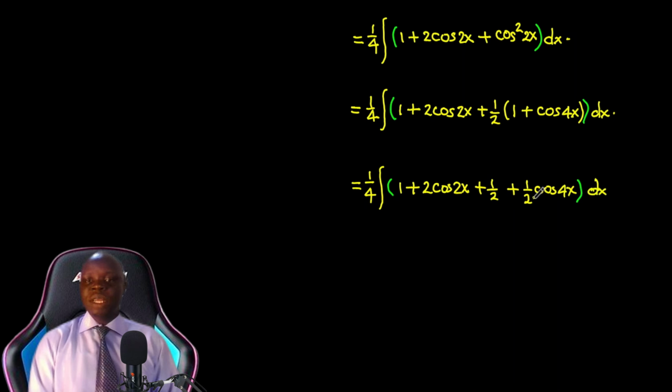If you need one more step of simplifying these numbers, you can go ahead, but let me just work it out and immediately we shall simplify after integrating. So we shall have here 1 over 4. Now, since we're integrating, we remove this sign, and the integral of 1 with respect to x is simply x.